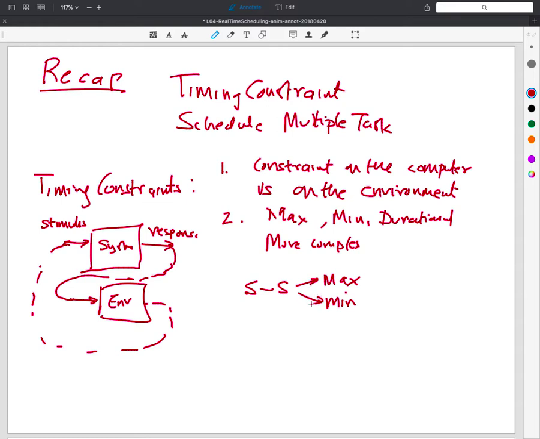From our computer system, what might be an example of where I'm putting a max constraint on 2 input events? That is, we want those 2 events to happen no more than a certain time apart.